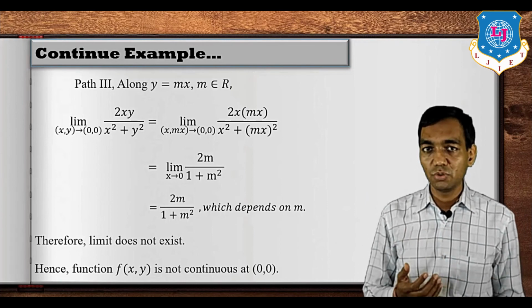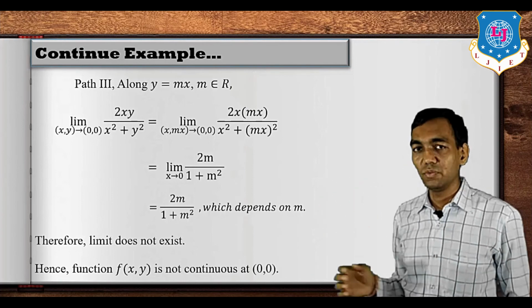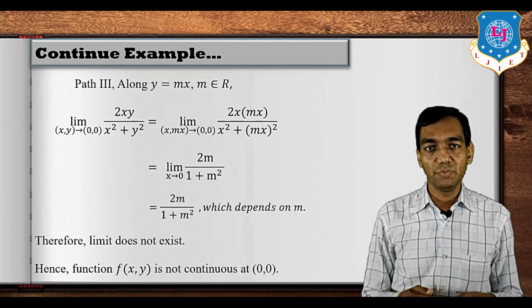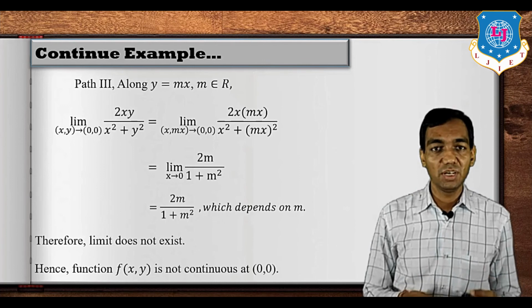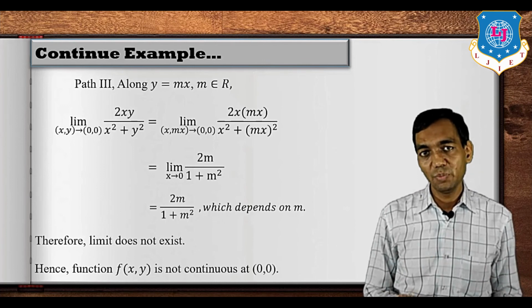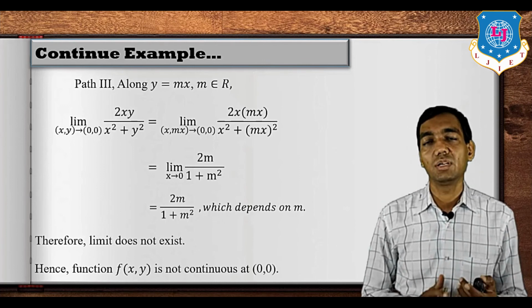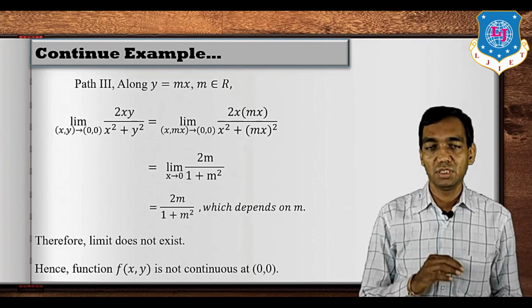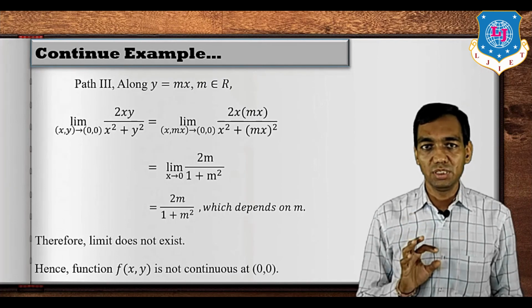Since there is no x, your answer is in the form 2m upon 1 plus m square, which depends on m. That means if you substitute different values of m, then you will have different limits. That's why this limit does not exist at origin. Therefore, your function is not continuous at origin.